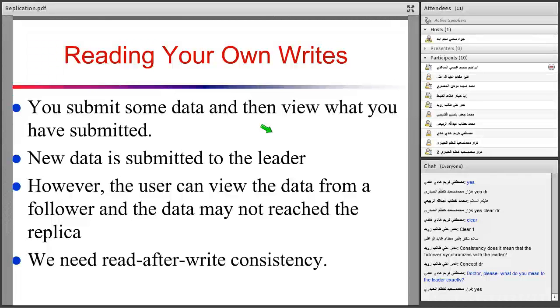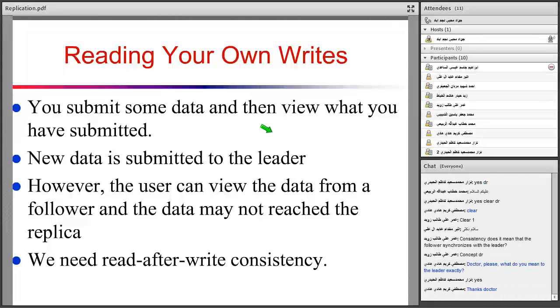So in the first step, when I'm in university, I'm connected to, for example, the leader or a synchronous follower.